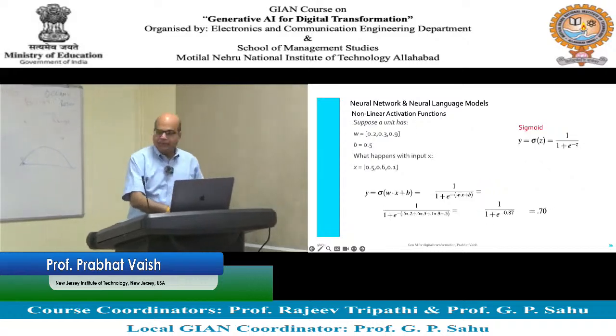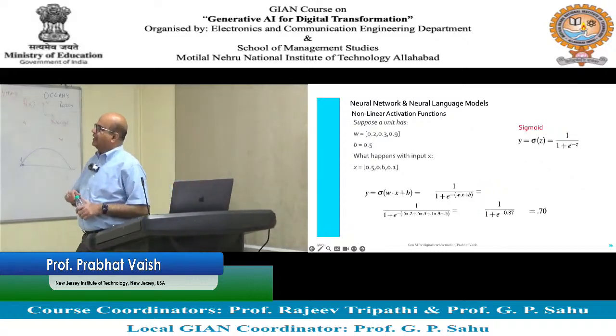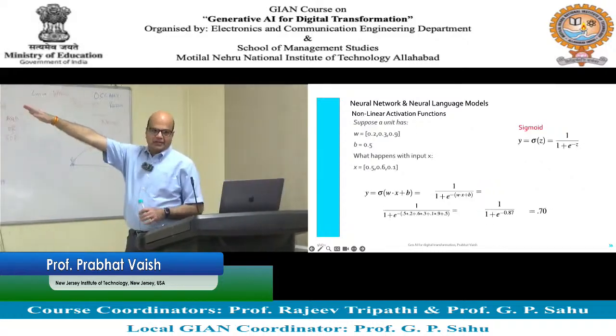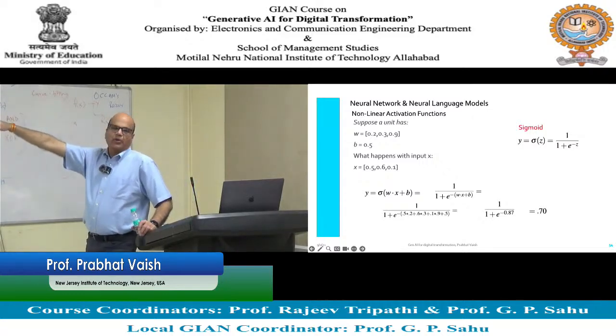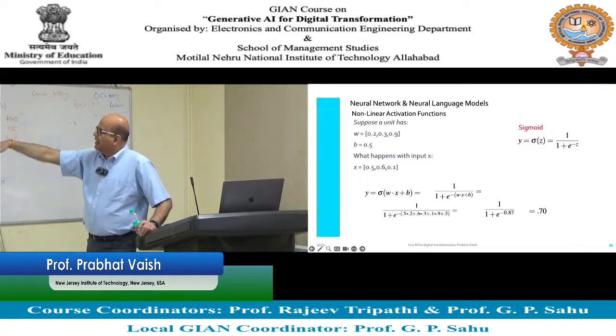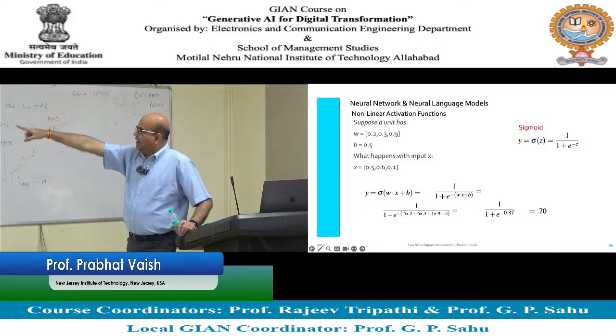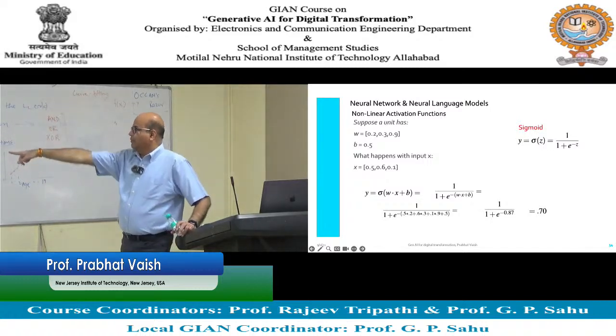Let's take an example here. Let's say you have a unit, a single neuron. The weights assigned to that are 0.2, 0.3, 0.9. That means there are 3 inputs. There's a bias of 0.5. This is somehow learned. If you give it an input 0.5, 0.6 and 0.1, the output will be 0.7.